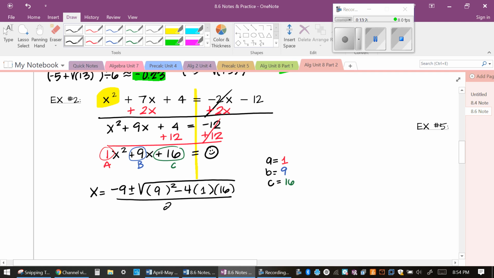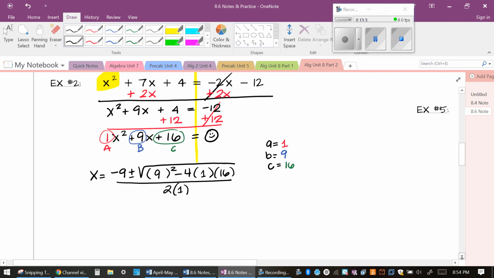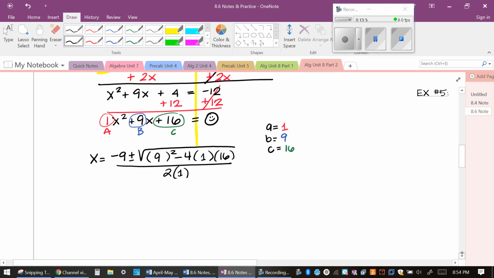all divided by 2a. Do you remember what we simplified first? First, you want to go ahead and simplify the b squared minus 4ac without the square root. So without the square root, I'm going to just type this into my calculator, and I'm also going to do the denominator.